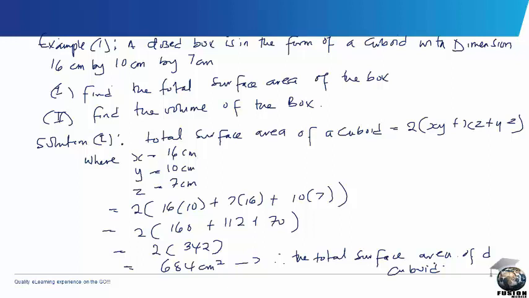Alright, so we'll go ahead to find the volume of the box. Solution 2, we have to find the volume of the box. So how do you go about that? Remember, the formula for the volume of the box is given as x, y and z.